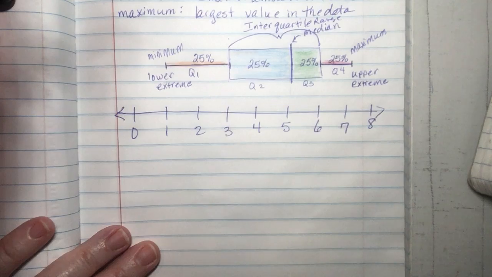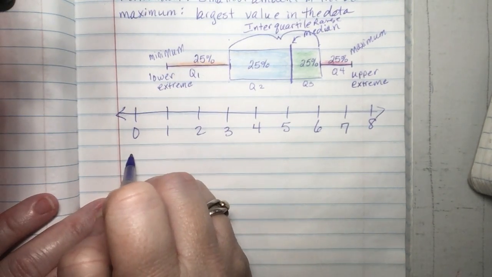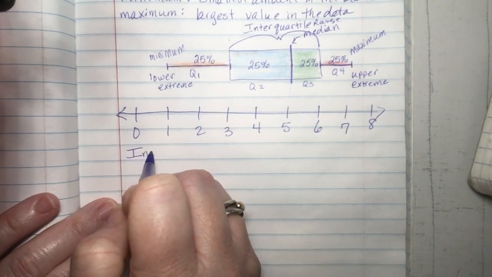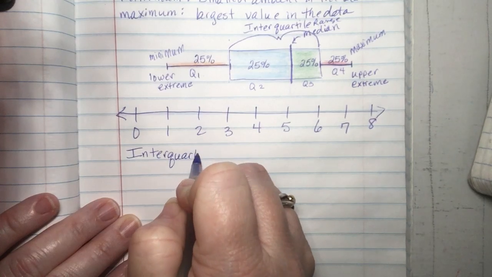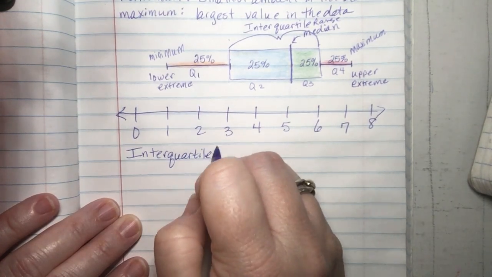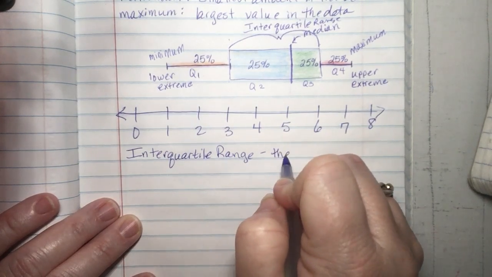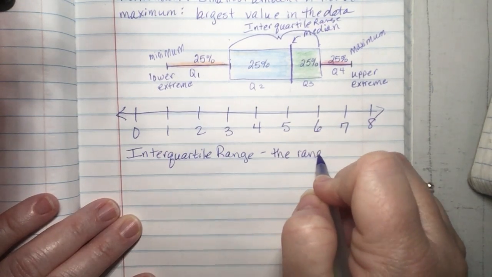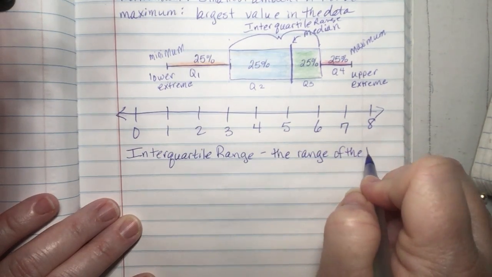So let's come down here. The interquartile range is truly just the range of the box. That's one way to remember it when you have a box plot.